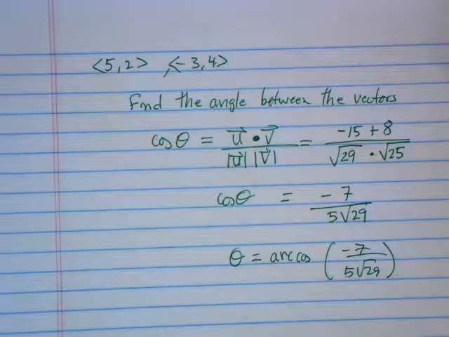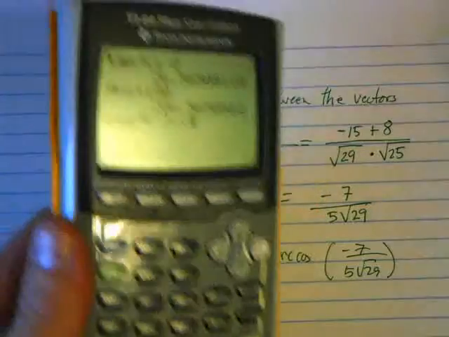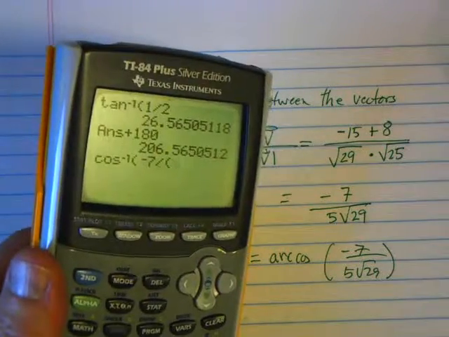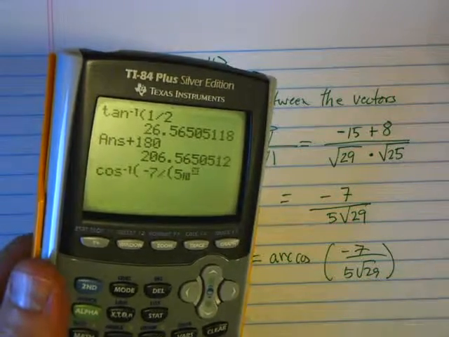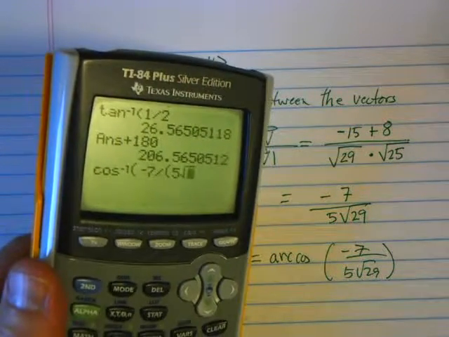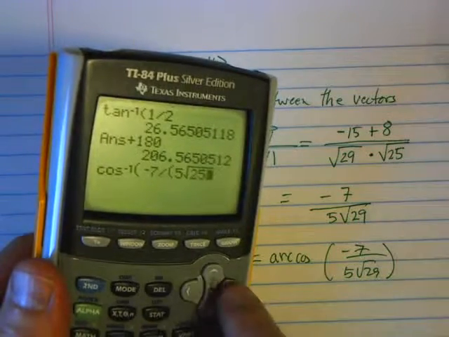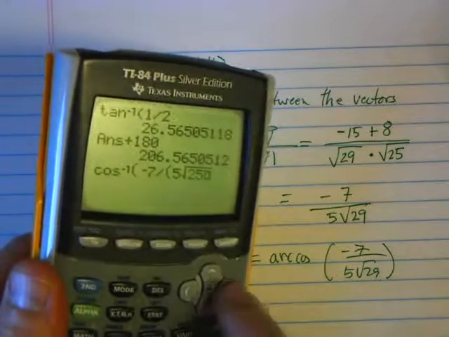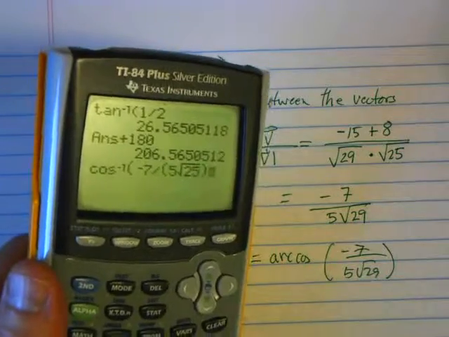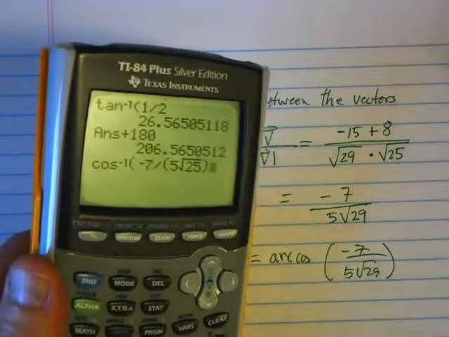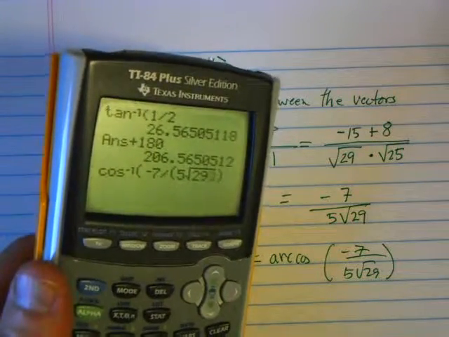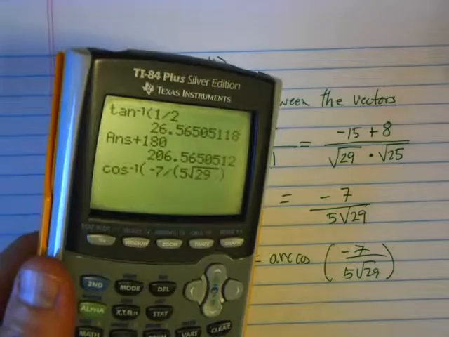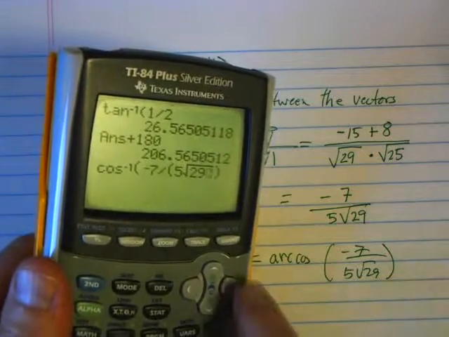Cosine inverse of negative 7 divided by, make sure when you type this in, you put the 5 square root of 29 on the bottom in its own set of parentheses, so the calculator multiplies those two first, and then takes that answer and divides into the negative 7.